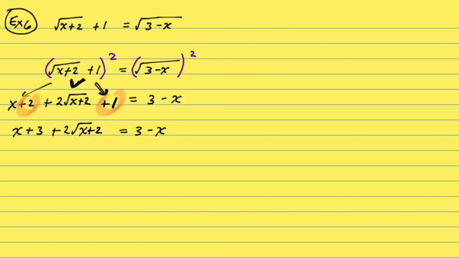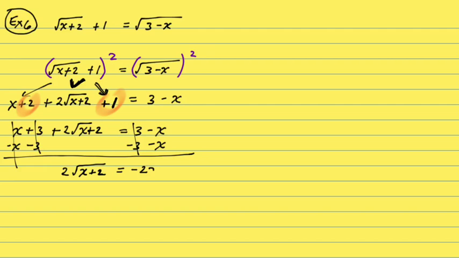And now I'm going to try to get the radical by itself by subtracting x and subtracting 3. If I subtract x and I subtract 3, that will help me to initially isolate this radical on the left. And that gives me a negative 2x.